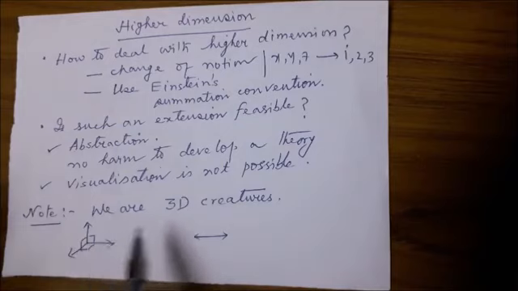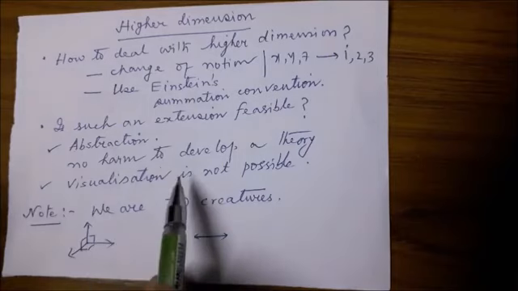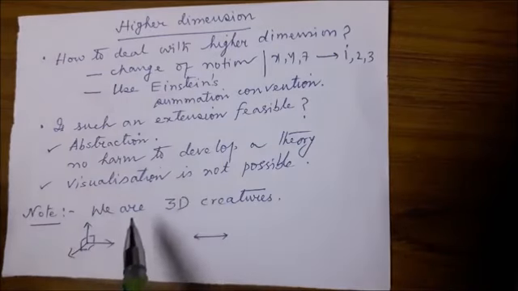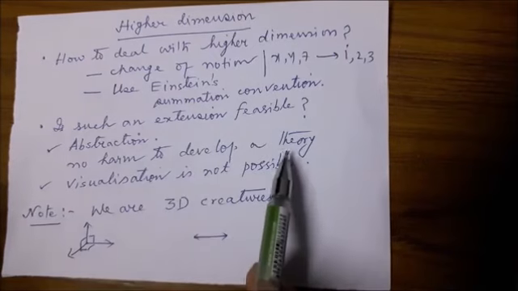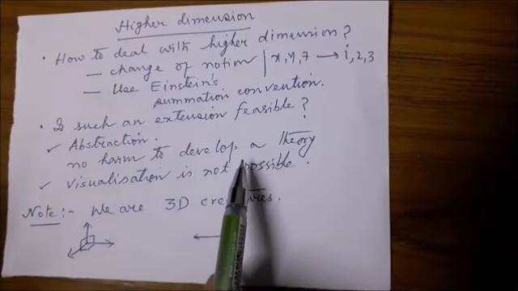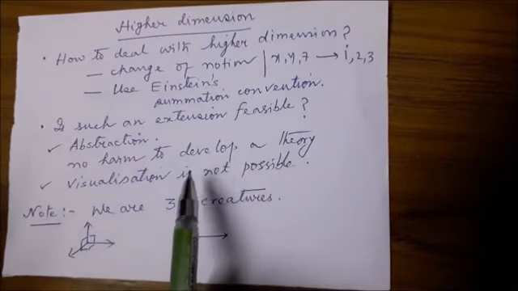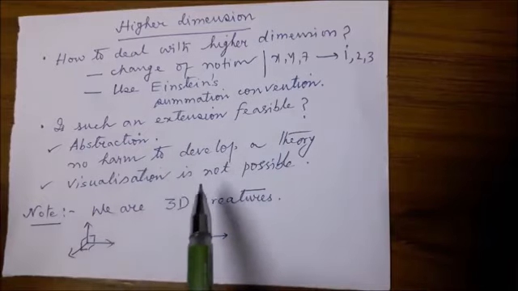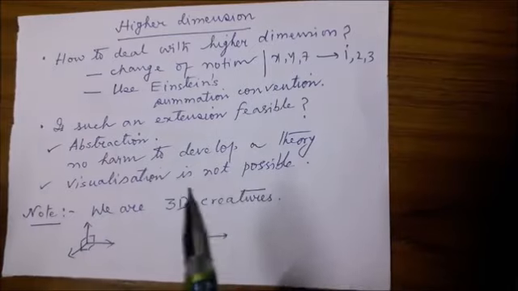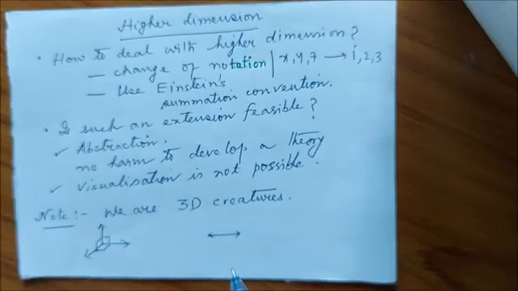So we cannot visualize higher dimensions, but that does not mean we cannot develop a theory that involves dimensions which are greater than 3. It might be 4, 5, or it might be infinite dimensions. Someone might feel a bit awkward that we are supporting development of a theory on something, say a phenomenon in higher dimension, that we can never visualize.